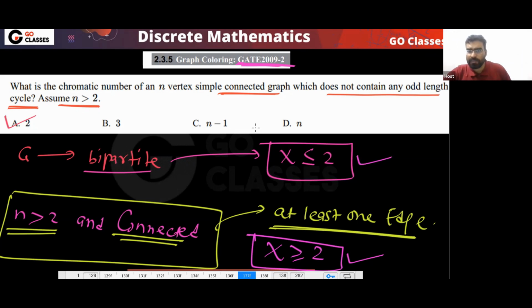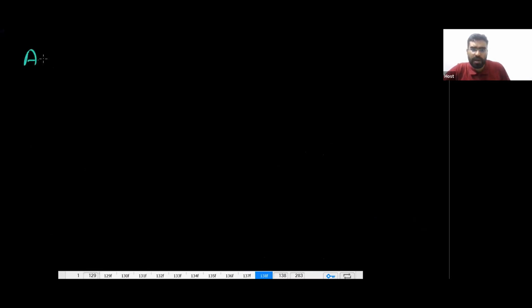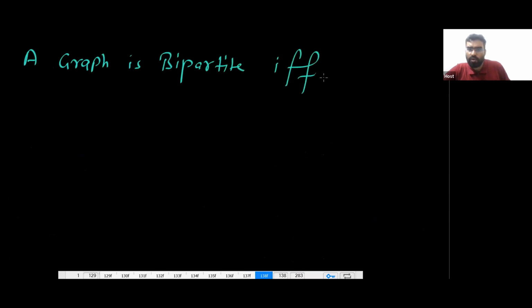Why is this bipartite? Because there is no odd cycle. A graph is bipartite if and only if there is no odd length cycle. We have already seen this important theorem.